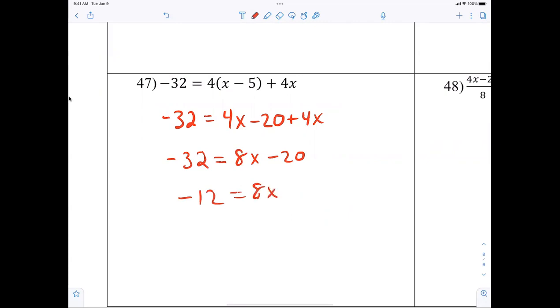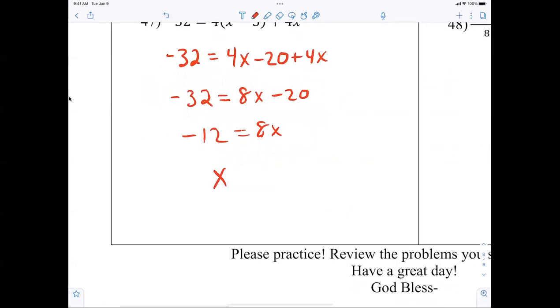Now what? And you divide by 12 over 8, and you can reduce that to 2/3. You mean, 3/2. Yeah. All right, now your time is right.